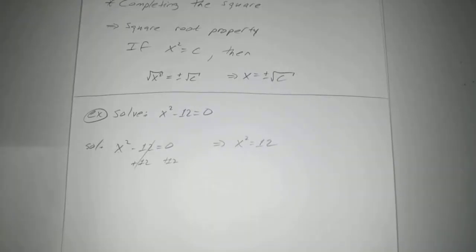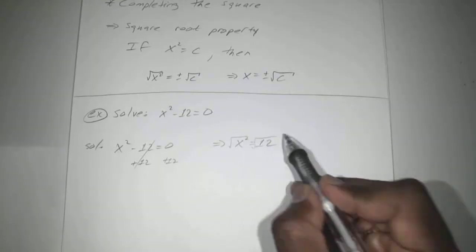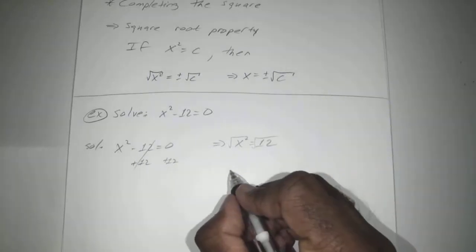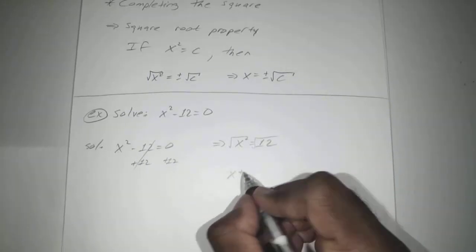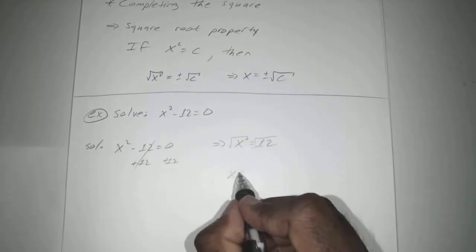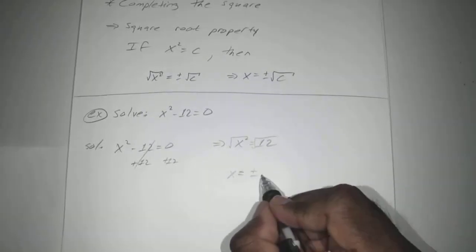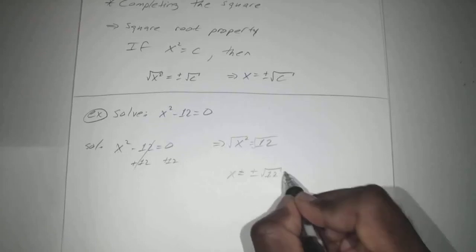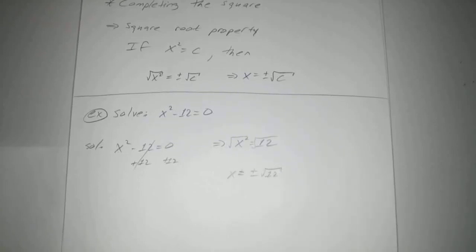Okay, now if we use the square root property, just square root both sides. So x equals positive or negative square root of 12. Okay.